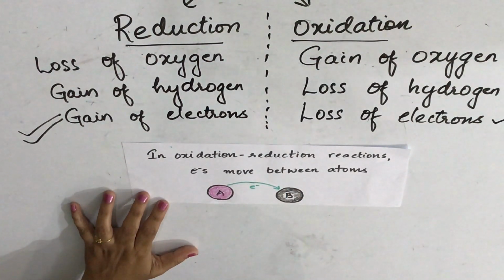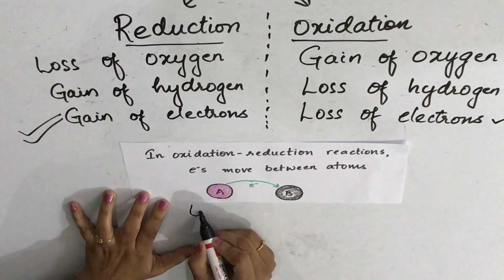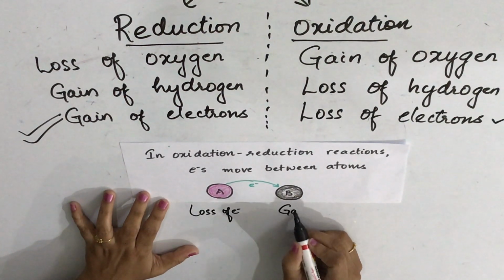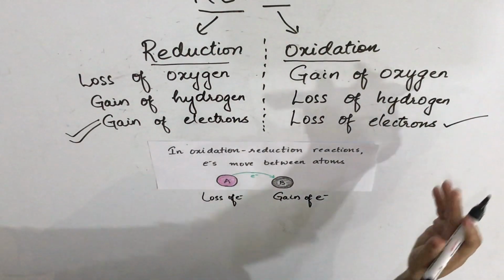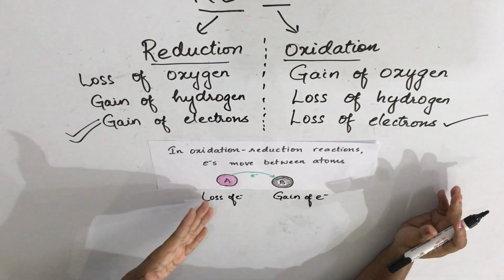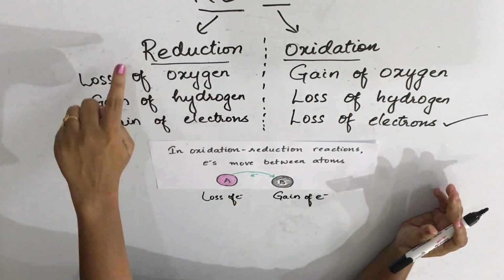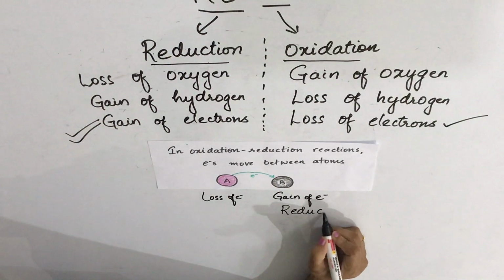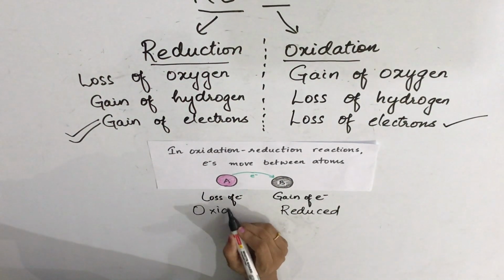So we can see there is loss of electron for A, and for B there is gain of electron. Now if we see our definition, which one is reduction and which one is oxidation in this case? Gain of electrons is reduction. So B is being reduced and A is being oxidized.